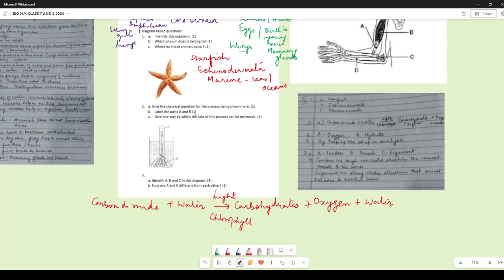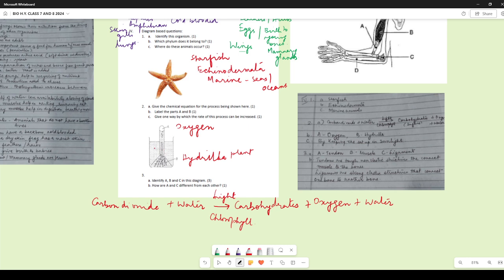Label the parts A and B. So if you see A over here, A is oxygen. Oxygen is being released. B is the hydrilla plant. Give one way by which the rate of this process can be increased. So if we want to increase the photosynthesis, remember, we need to take care of a few things.